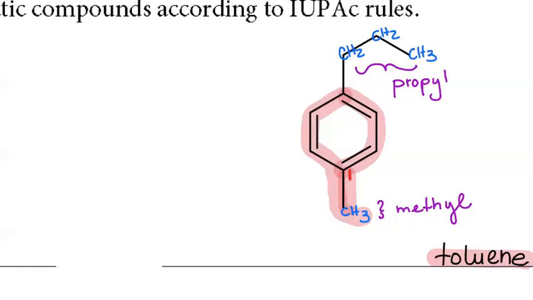For this molecule, that propyl group is on carbon 4 in any direction. So if I go counterclockwise or if I go clockwise, the propyl group is going to end up in carbon 4. So let me just do counterclockwise, 2, 3, 4. So that's why the name of this structure is going to be 4-isopropyltoluene.